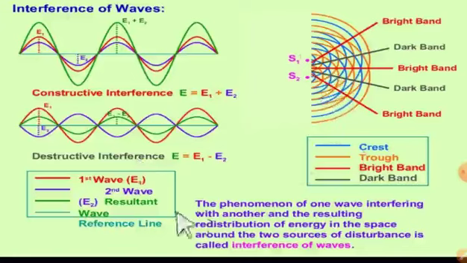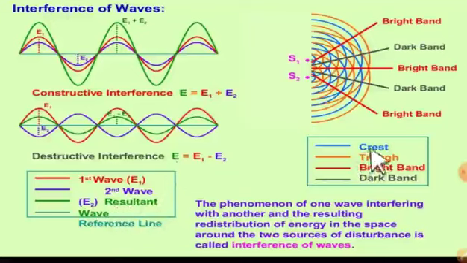Now the red light and the blue light waves are denoted here: the first wave, and the second wave E2, which is denoted by the green one. I mean this one, E2, is for this second wave. The resultant wave will be denoted by capital E here. Got it?